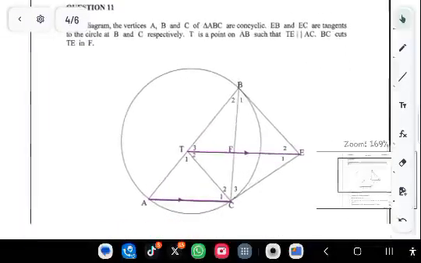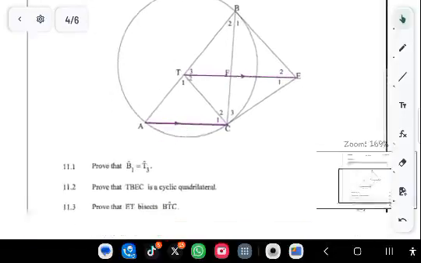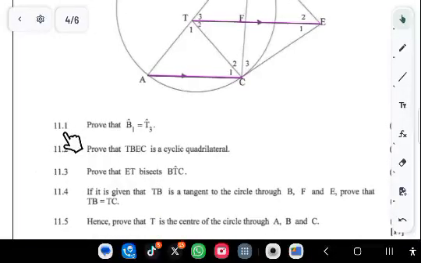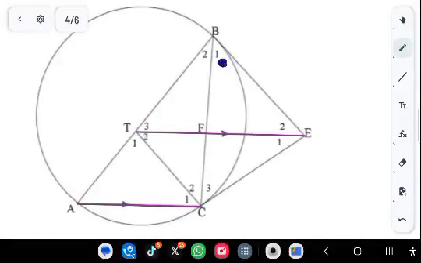Such that TE is parallel to AC, BC cuts TE in F. Now question 11.1, prove that angle B1 equals angle T3.